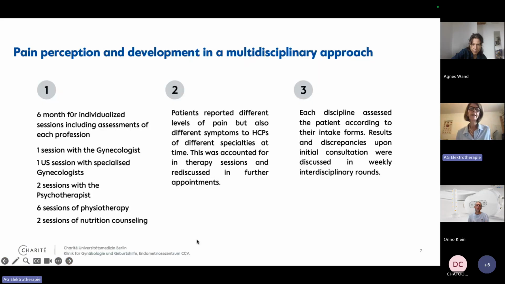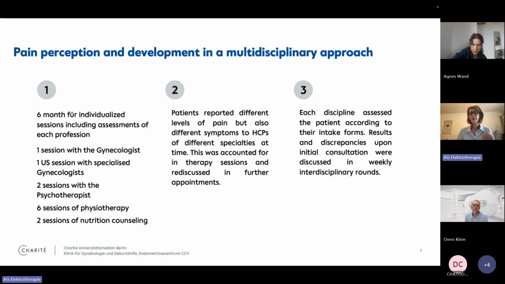So what have we done? The multidisciplinary approach was set for 6 months with individualized sessions, including assessments by each profession. So one session with a gynecologist, one ultrasound session with a specialized gynecologist, 2 sessions with a psychotherapist, 6 of physiotherapy, and 2 of nutrition counseling.